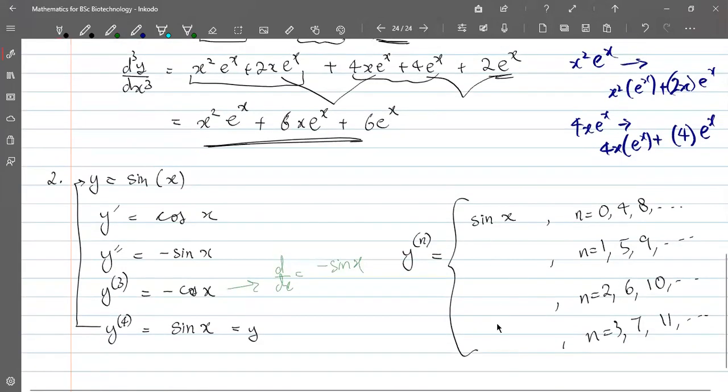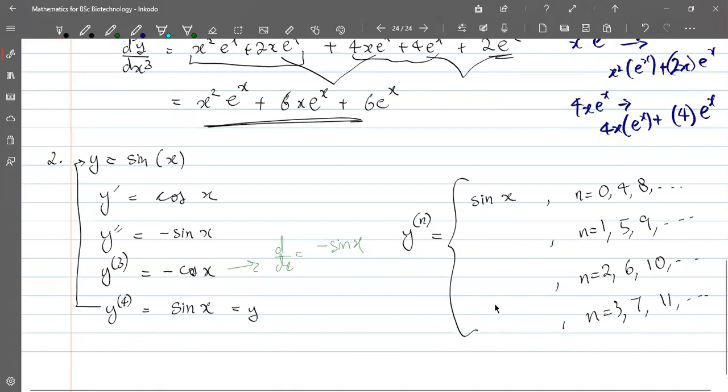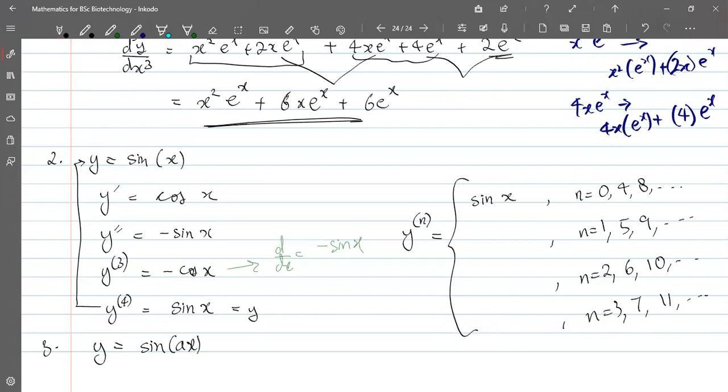Okay, so you can think of this, and then do the same thing with sine of ax, where a is a constant. For a constant a, find what is yn in the same way. Similarly, you can try y equal to cos ax and e power ax.